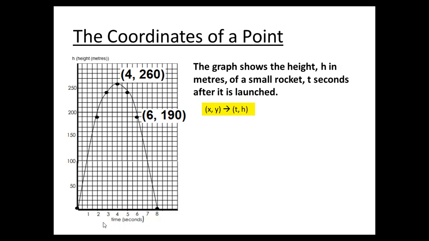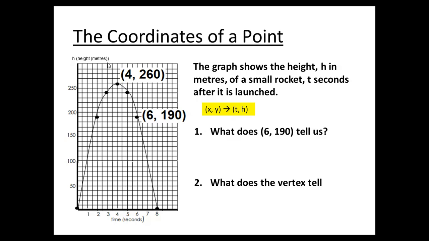So I know that t is along my x-axis, that represents time, and h is now height, and that's represented in meters. So, first question, what does the coordinate (6, 190) tell us? Next question, what does the vertex tell us?